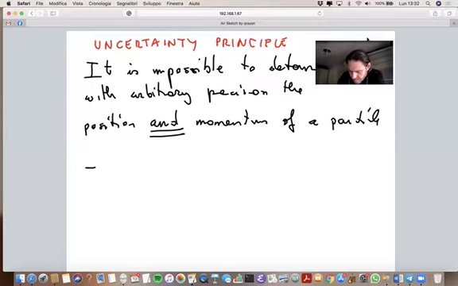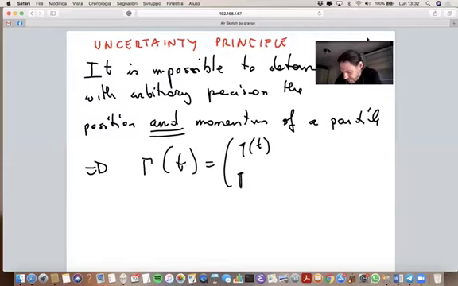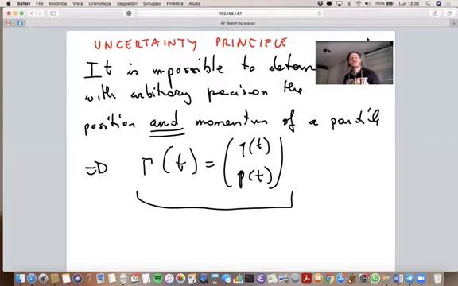So in other words, we cannot get a full classical state definition. This is the definition of a classical state, remember from our discussion in classical mechanics and Hamiltonian dynamics. So what this uncertainty principle is telling me is to forget about that definition of physical states, because you cannot measure it.